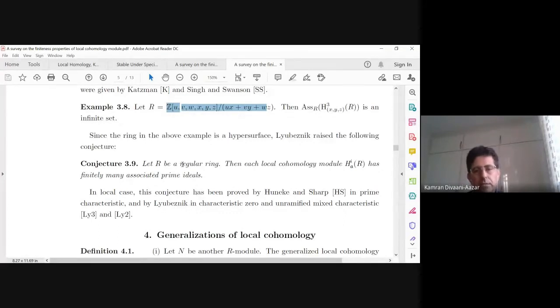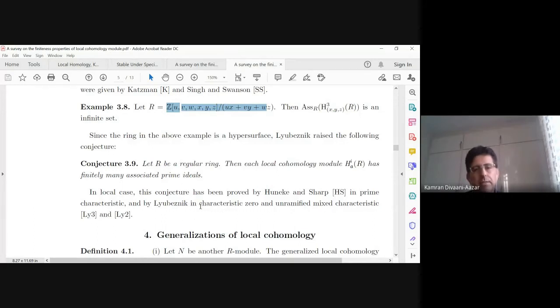In the case that the regular ring is local and its characteristic is zero, it's shown that, again, the conjecture is true by Lyubeznik himself. And also Lyubeznik showed that this conjecture is true for regular rings of unramified mixed characteristic again.